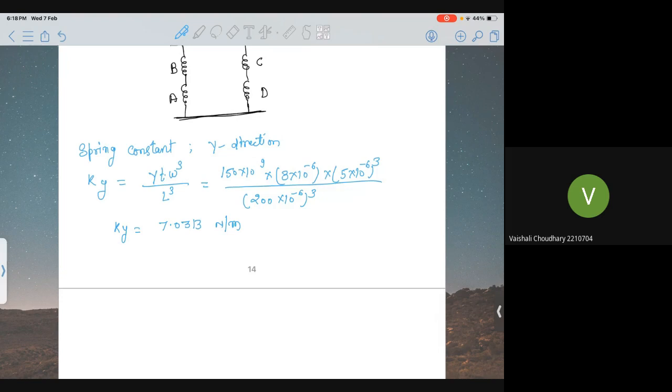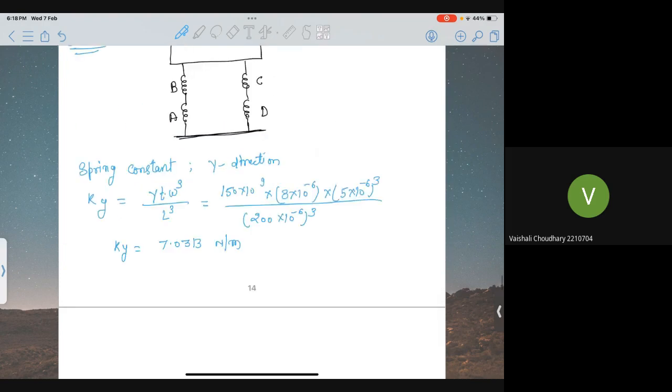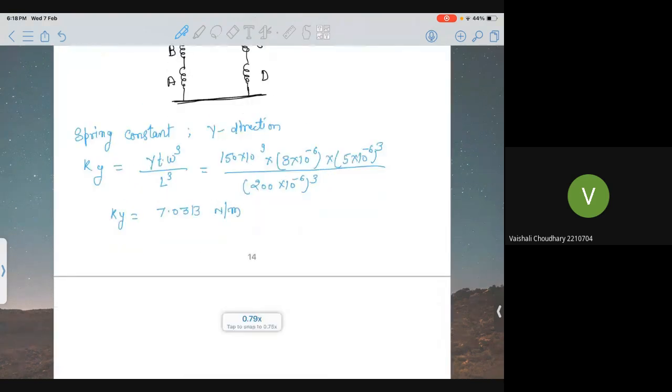So this is, in general, the spring constant for a single spring, as the dimension of all the springs is the same.